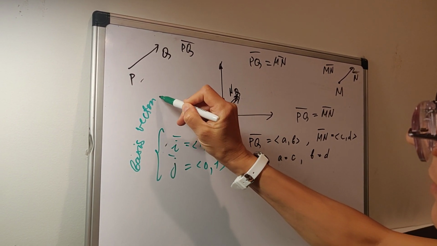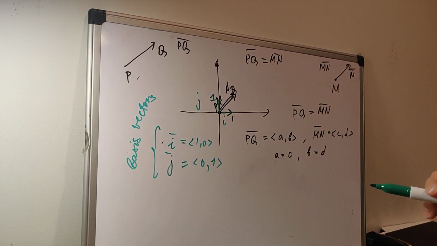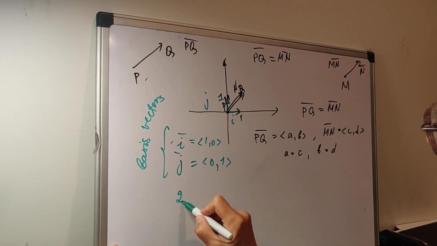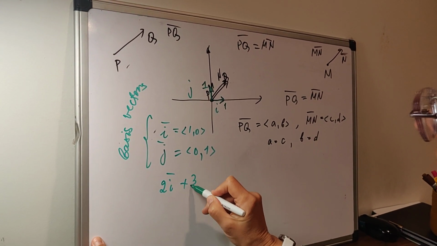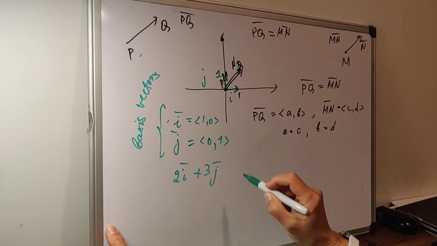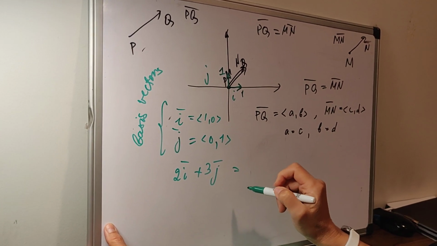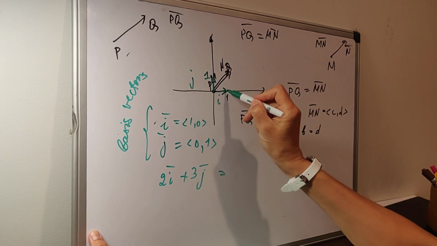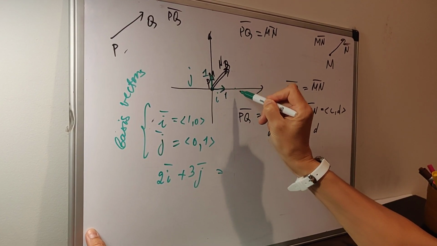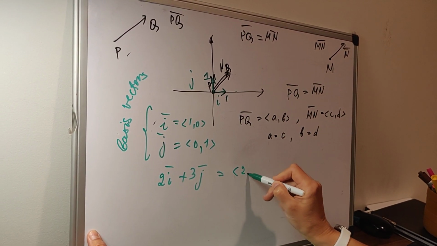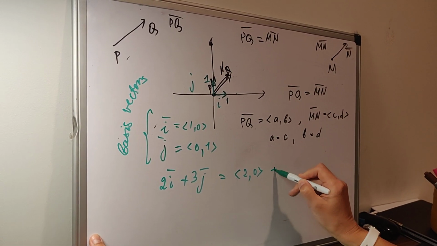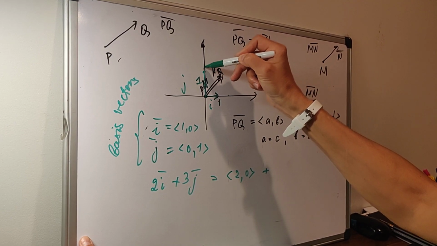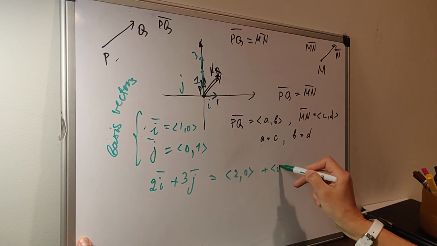Why are these two vectors important? What is going to happen if I add 2i vectors plus 3j vectors? Well, what kind of vector am I going to have? I remember that if I have 2i vectors, I have to do i and i, right? My final point is going to be 2 over here, so the vector is going to look like 2, 0. 3j vectors, 1, 2, 3, is going to look like 0, 3.